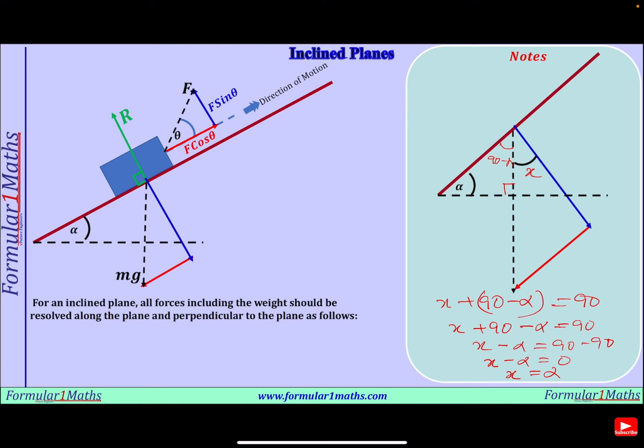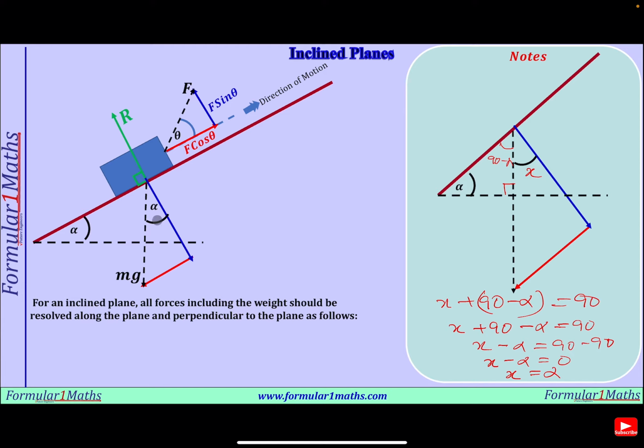It will always be the case that this angle here is alpha, which will always be the same as that. In the exam, you will not be asked to prove this. I'm just showing you how this angle can be proved to be the same as that.